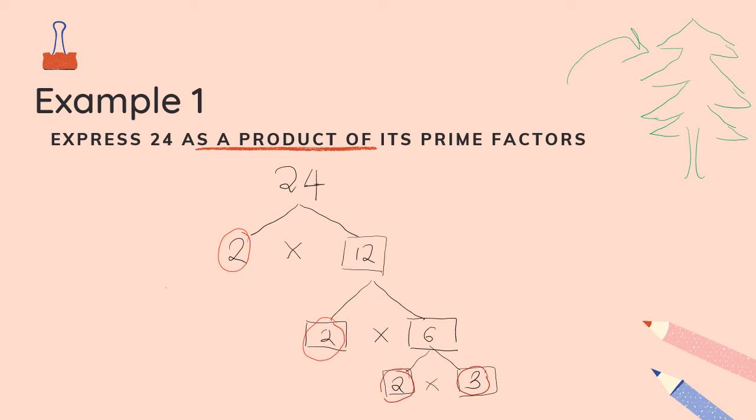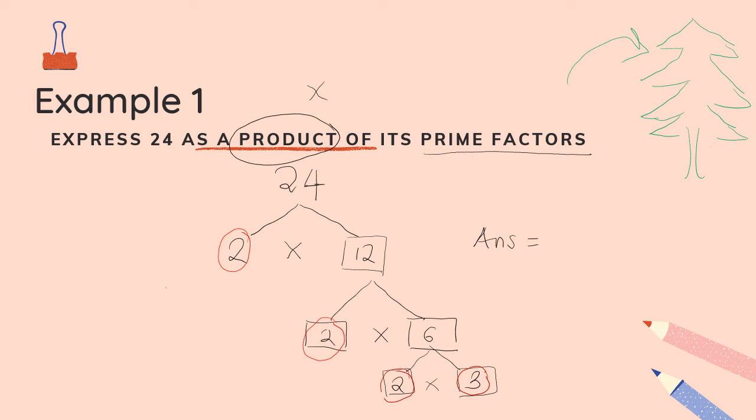So your answer should be, remember the keyword is product. So when you see the words product of its prime factors, you know your answer will include multiplication. So your answer is going to be all the numbers that you have circled because those are prime factors.